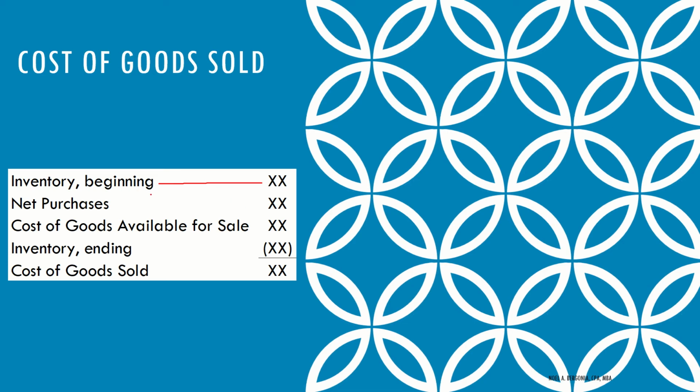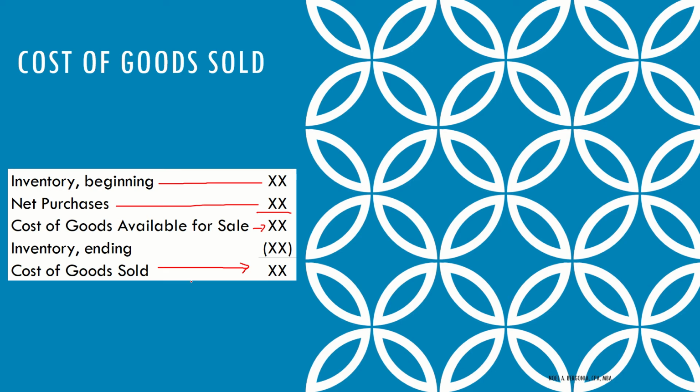So inventory beginning, okay, that is the balance, of course, on the last period, plus net purchases. So when we add net purchases, then that would be cost of goods available for sale. And after we deduct the ending inventory from the cost of goods available for sale, then we will arrive to our cost of goods sold.